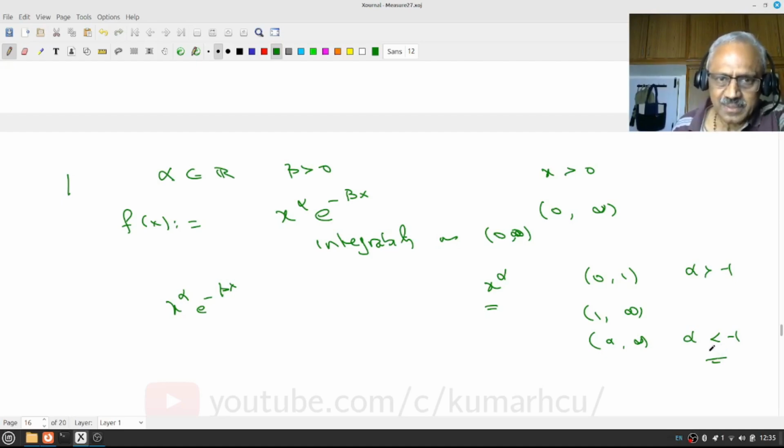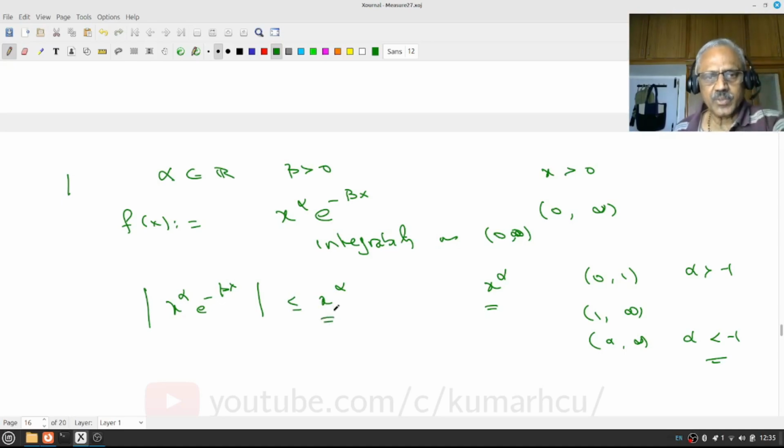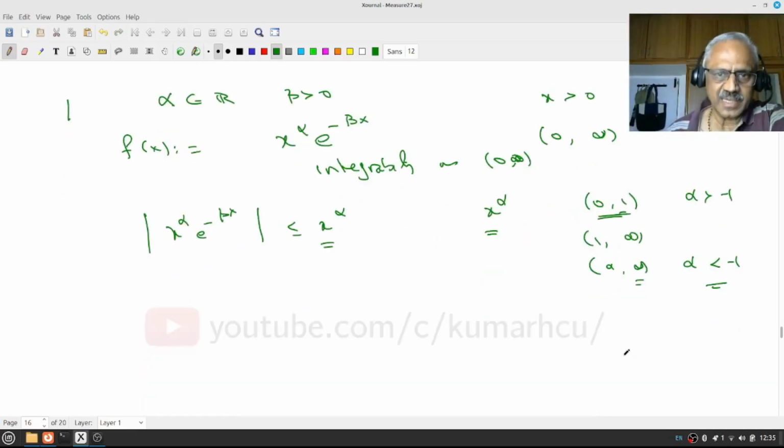So one has to do a little careful analysis, because since x is positive and beta is positive, e to the power minus beta x will be less than or equal to 1, therefore this will be less than or equal to x to the power alpha. But I cannot use that, because the integrability of x to the power alpha depends on the choice of alpha, on whether I am looking at integrability near 0 or near infinity. This is how one thinks in analysis. So one has to be careful.